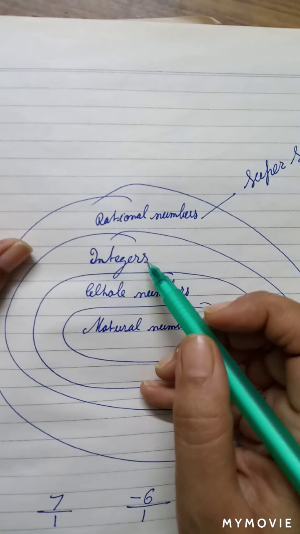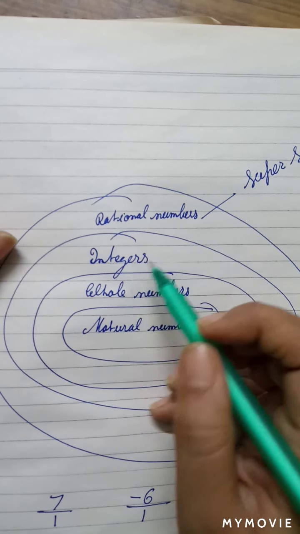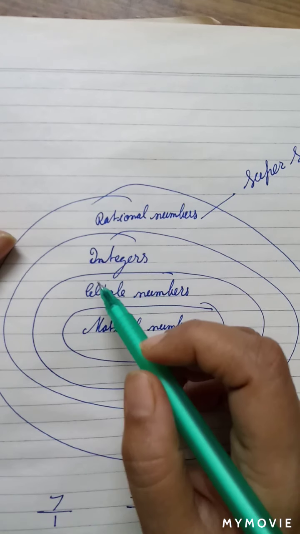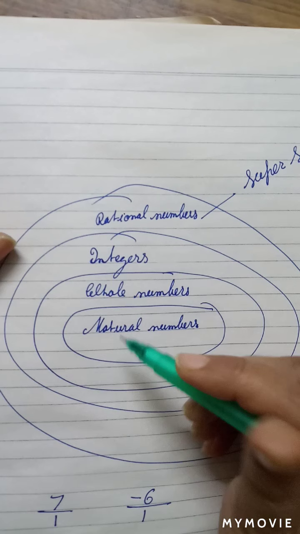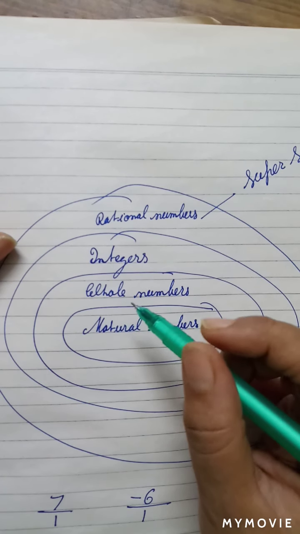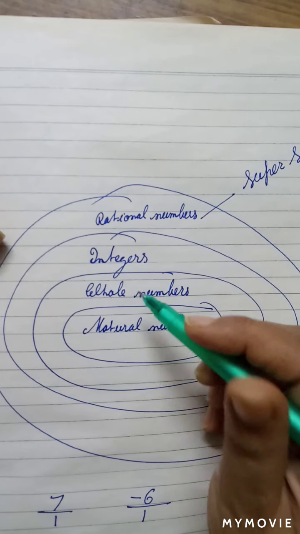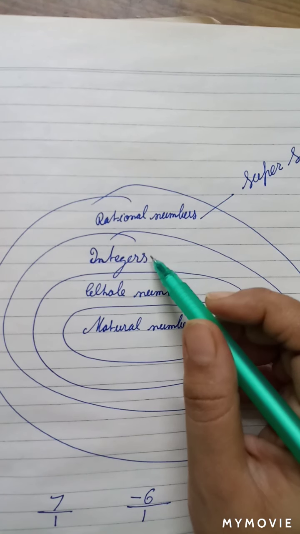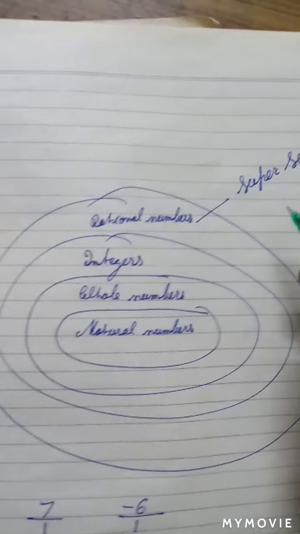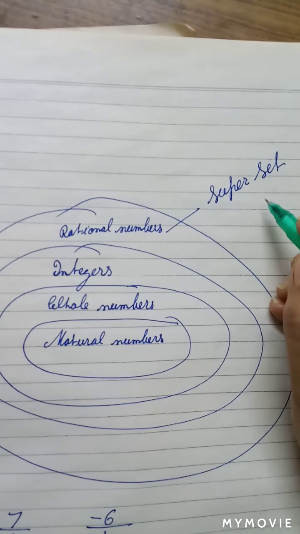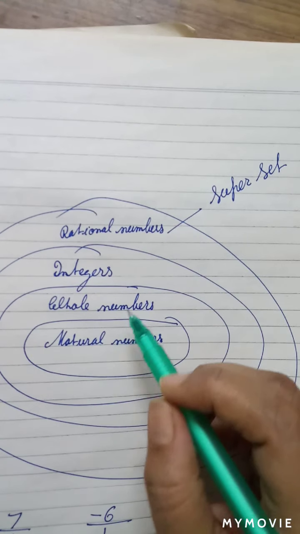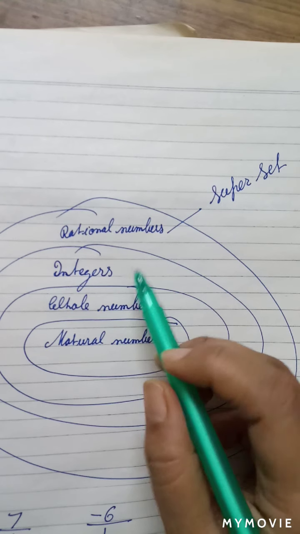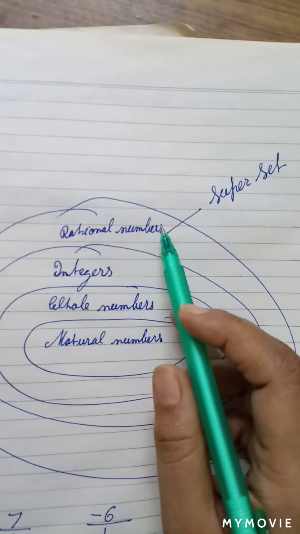Integers are all the counting numbers, 0, and the negative numbers. So natural numbers are a subset of whole numbers, and whole numbers are a subset of integers, and rational numbers are a superset of natural numbers, whole numbers, integers, and rational numbers.